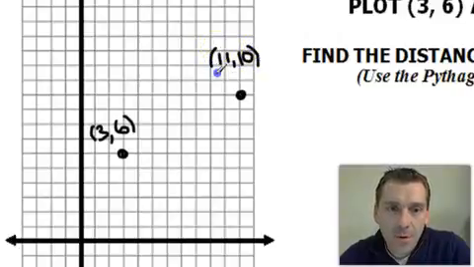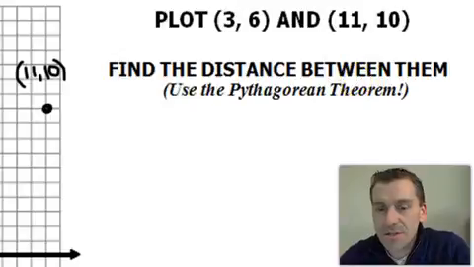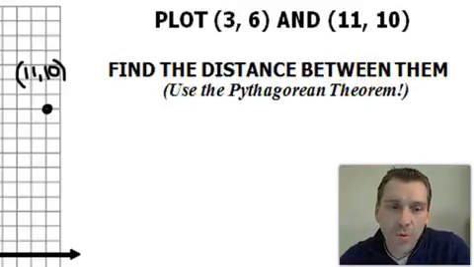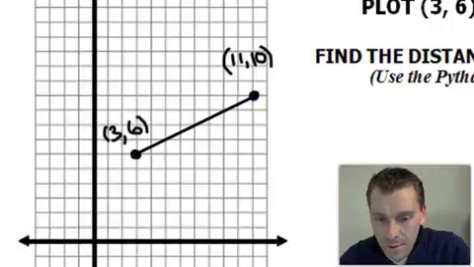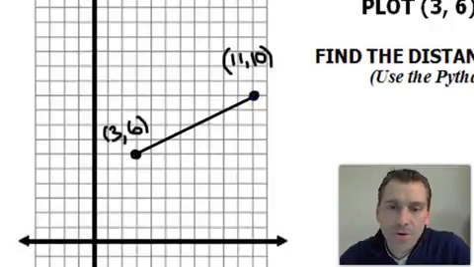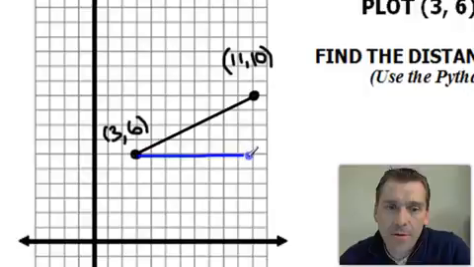Lovely. Now, the question says again, what's the distance between those 2 points? What I'm going to do is again show you how to use the Pythagorean theorem to make this come about. I'm going to draw from this point here, 3, 6, a line, extend it over here, parallel to the x-axis, and I'm going to stop it right there.